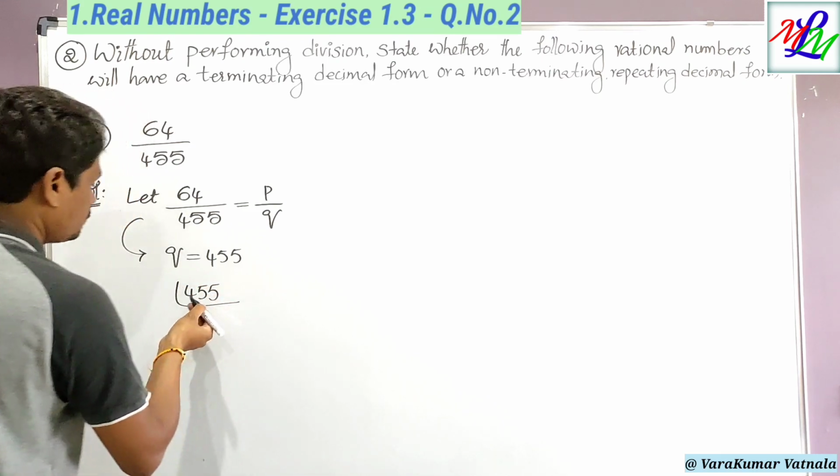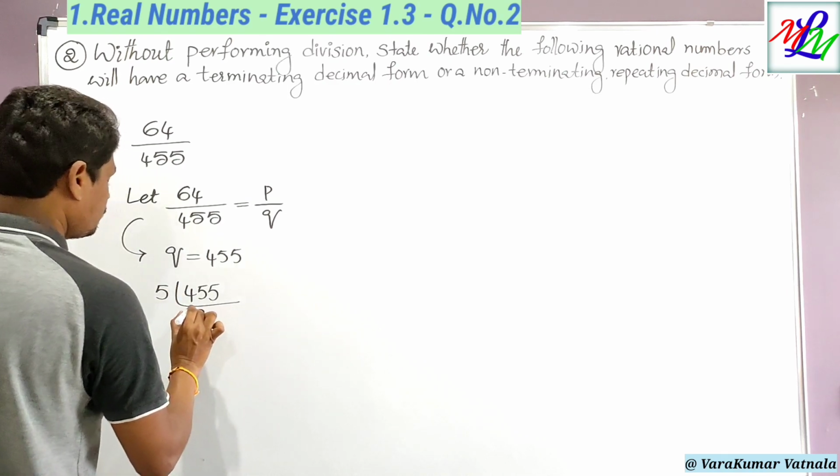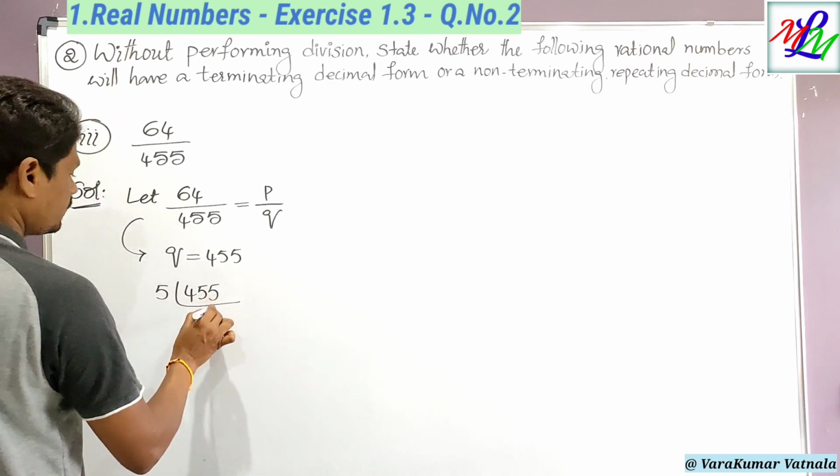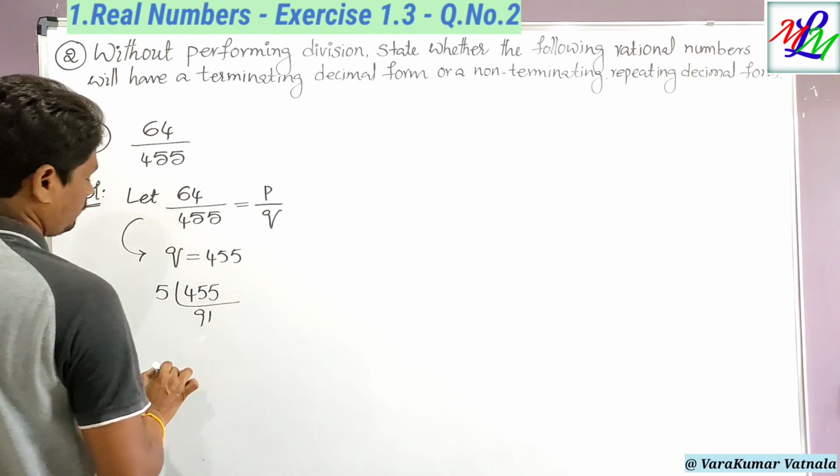So it divides by 5. 5 9s are 45 and 5 1s are 5.